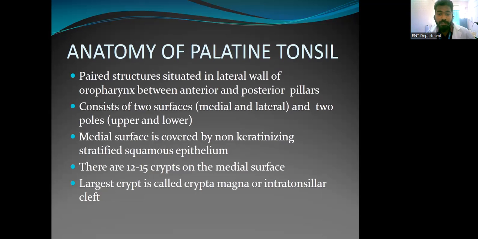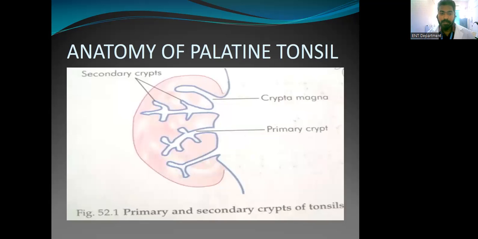The medial surface of the tonsil is covered by non-keratinizing stratified squamous epithelium, and there are 12 to 15 crypts on the medial surface. The largest crypt is called the crypta magna, or the intratonsillar cleft. So this is the tonsil: here you have the medial surface, and this is the lateral surface.